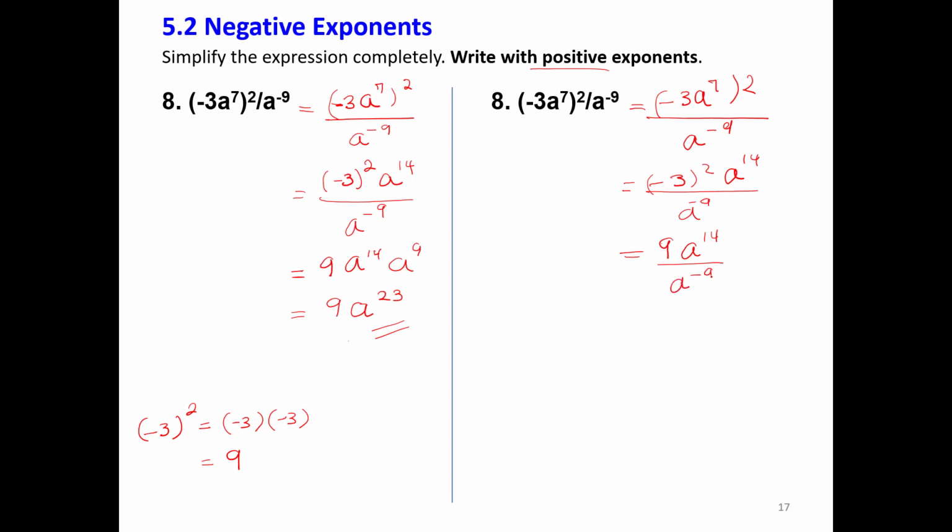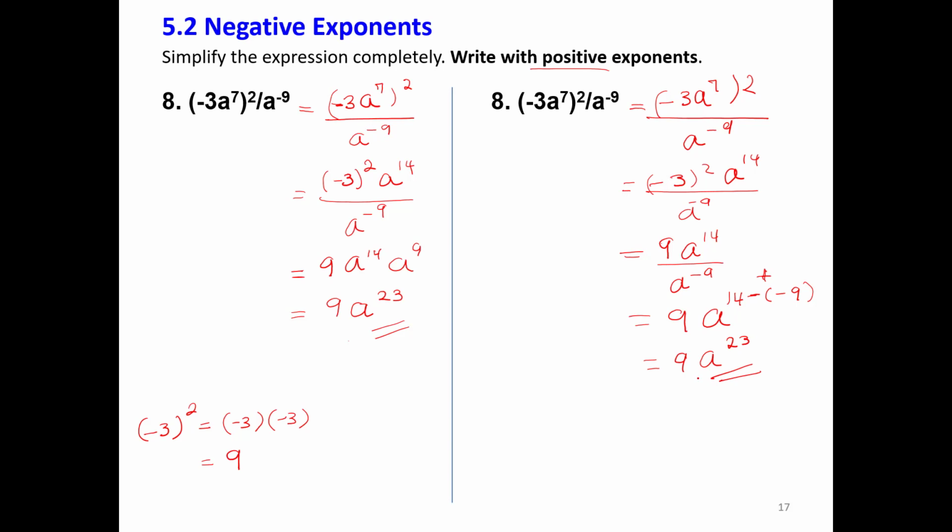And in this part, you can apply the quotient rule. Then you can say this is 9 to the a, this exponent minus this one, but you have to be careful, this one is minus 9. This is the exponent on top minus the exponent in the denominator. If the exponent in the denominator is negative, you have addition. Yes, you have to add.